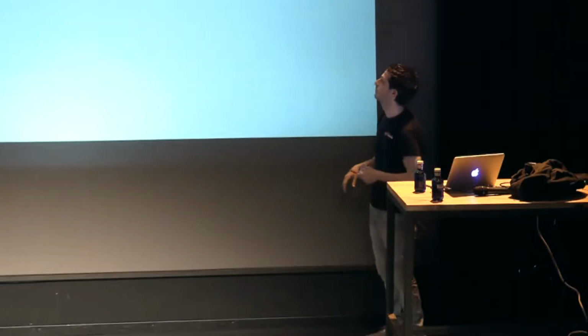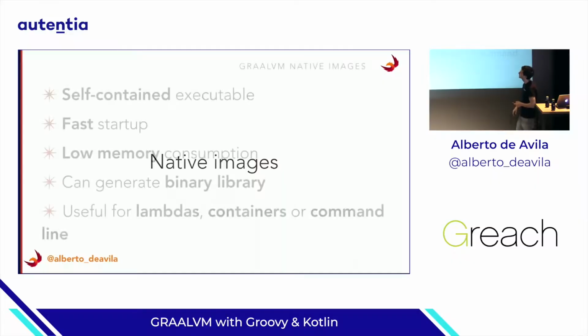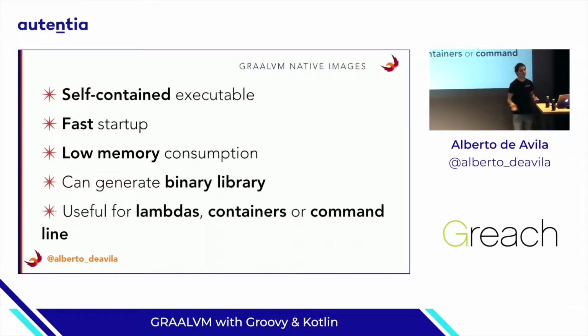Let's talk about, I think, the most popular feature of GraalVM, the native images. A native image is a self-contained executable with a fast startup and low memory consumption. And how can we use that? We can generate, for example, a binary library, or use it in lambdas, containers, or even in the command line.